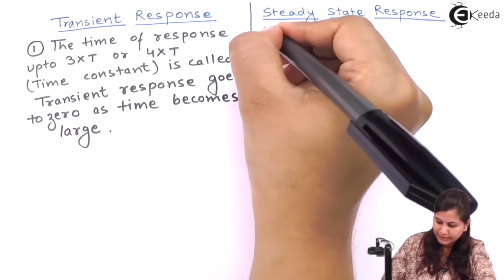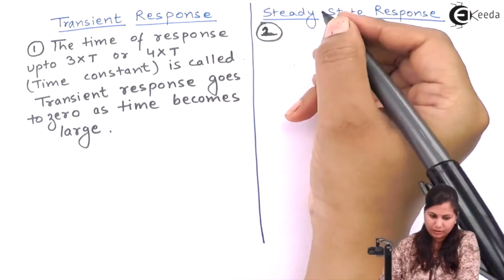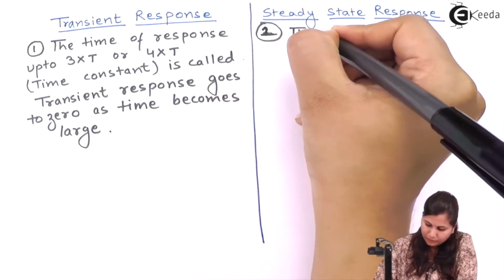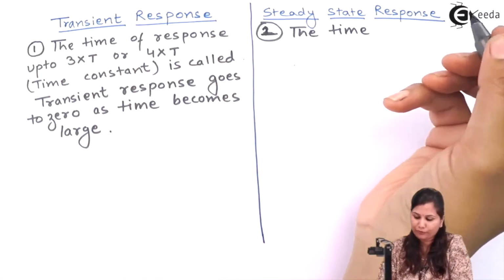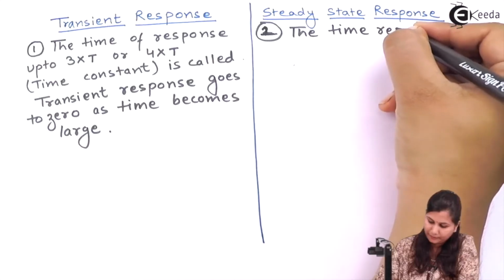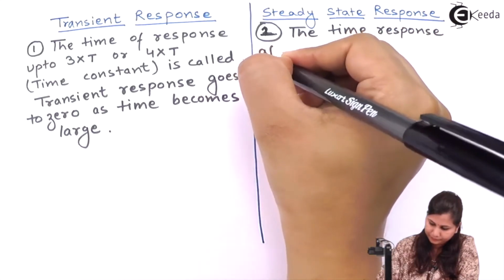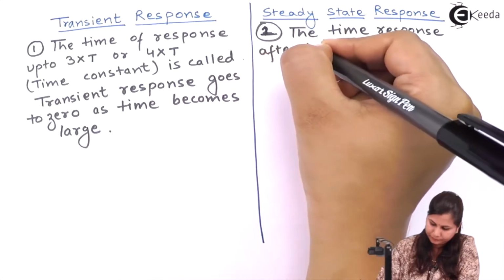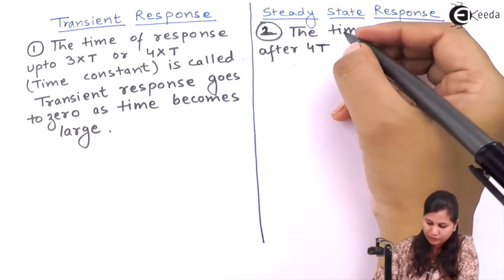Now the steady state response, what is it? The time of response after this 3T or 4T will be the steady state response. T is here also the time constant.